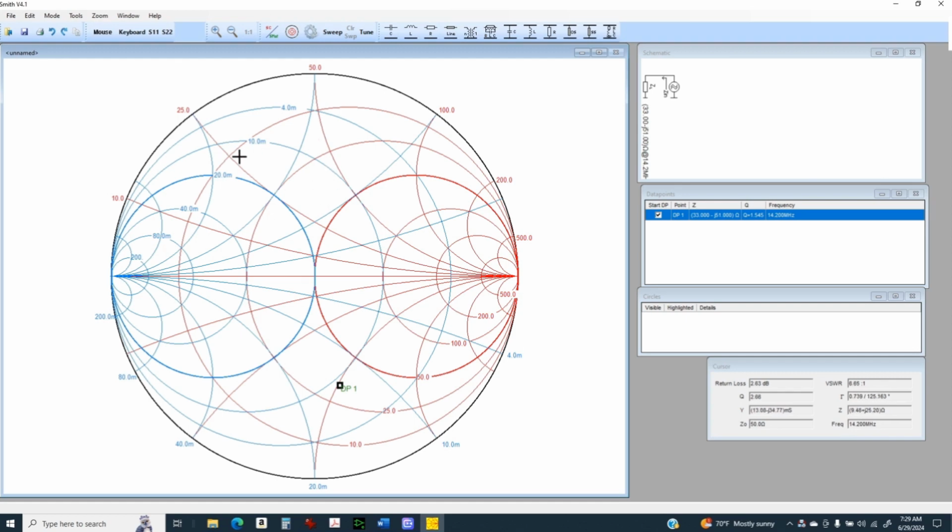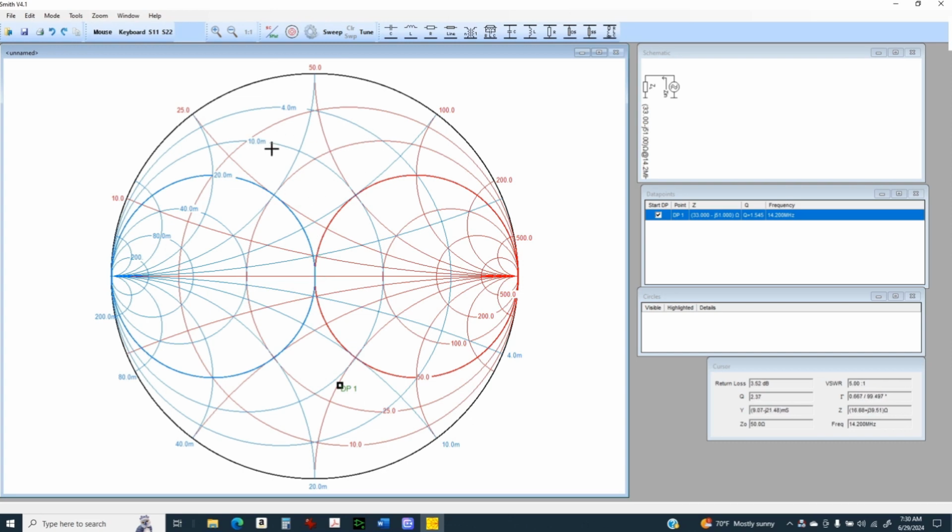Because any point up in that area is an inductive point and therefore needs capacitance to correct it. And any point down in this portion is going to be capacitive and therefore needs inductance to correct it. So a CC match would not work down here. A CL, a CR, they do match, but CC would not work. The only place a CC match would work is if you were in this area bounded by that arc and this arc.